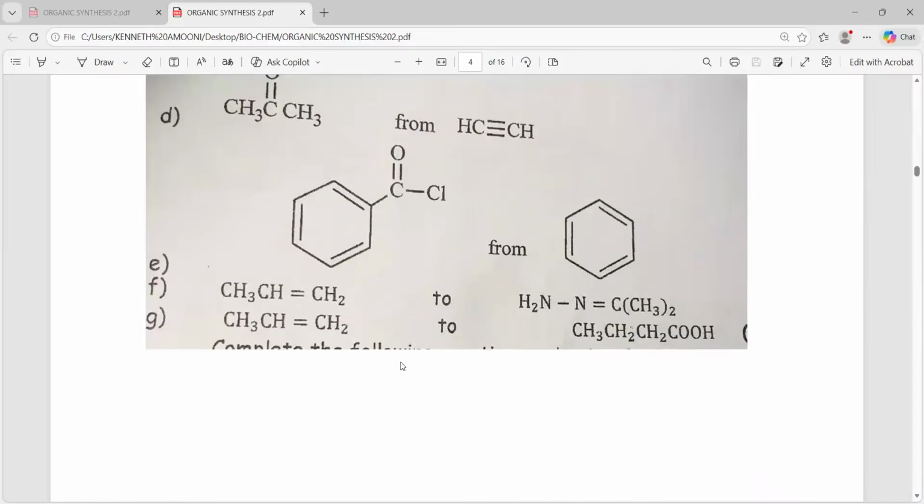Now, organic synthesis is going to be tested in your organic chemistry, whether you like it or not. It is going to be tested, but the principles that are governing it are going to remain the same.